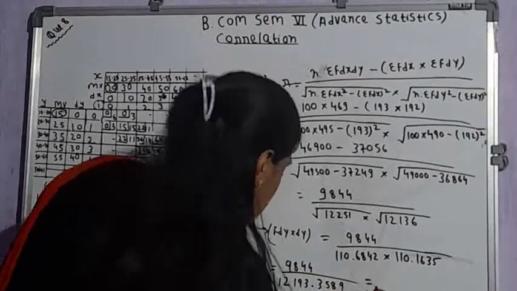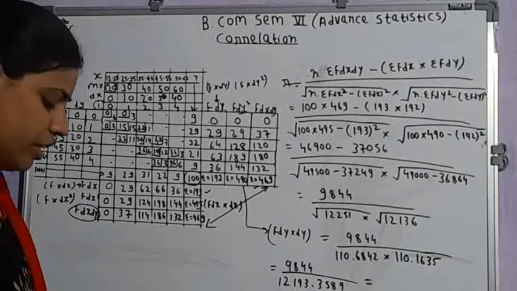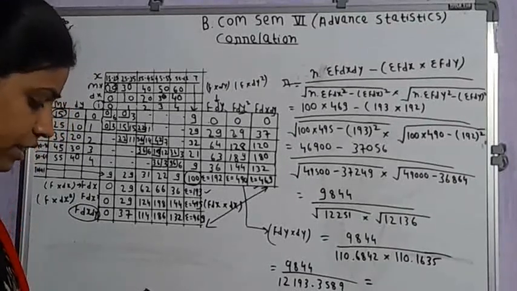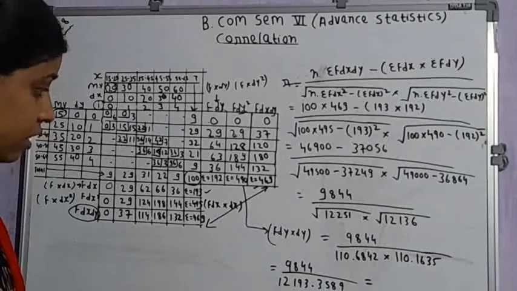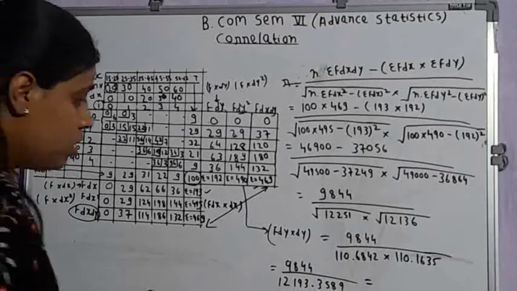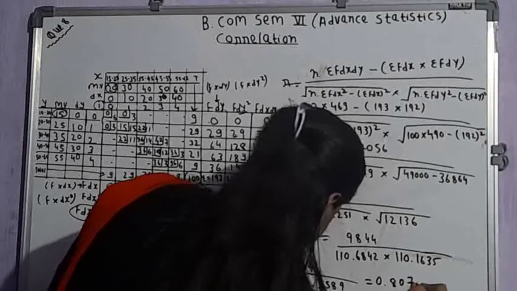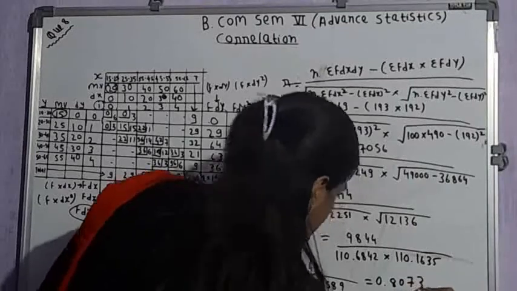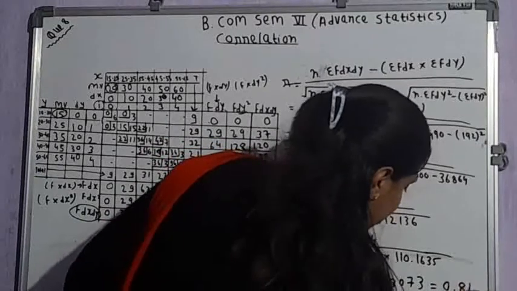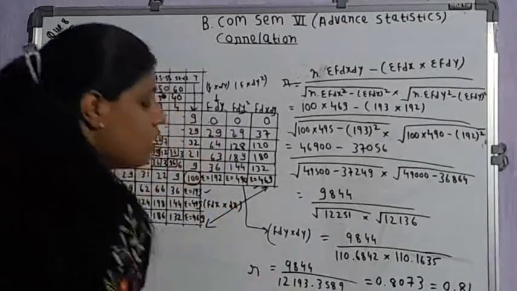So 9,844 divided by 12,193.3589 would be equal to 0.8073. Okay, so approximately it would become 0.81. So the value of r would be 0.81.